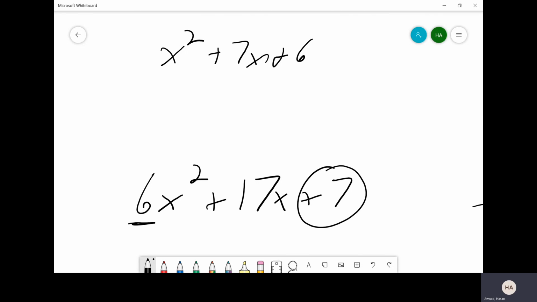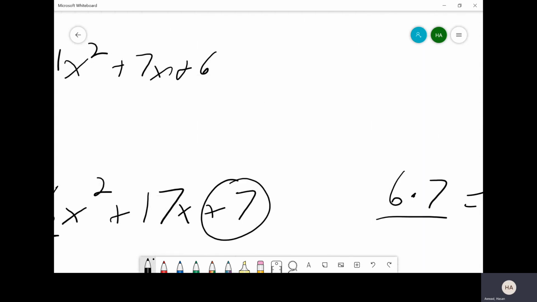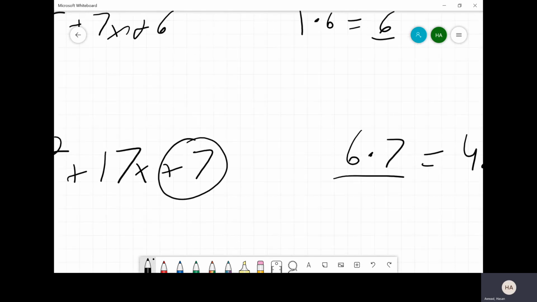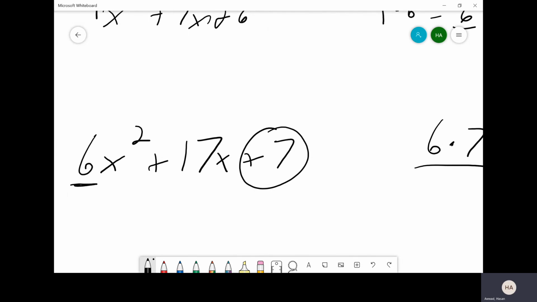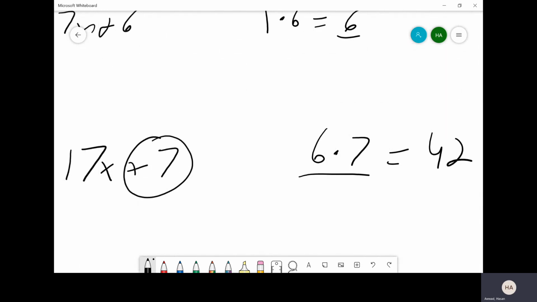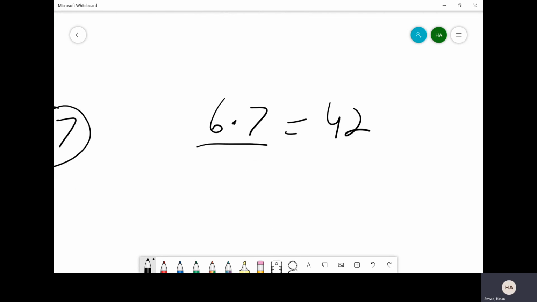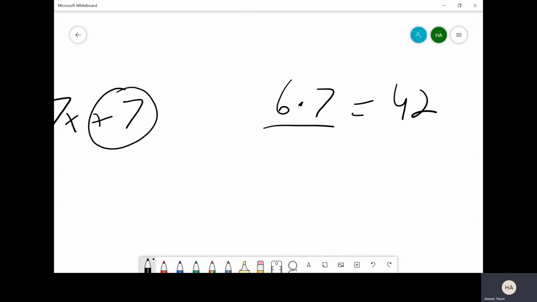And I'll tell you, you actually did. It's just that the coefficient here is 1, so it's basically like you skipped a secret step. What you really technically did was 1 times 6 is equal to 6, and then you examined factors of 6, right? Well, we're going to do the same thing, except instead of the 1, we're looking at a coefficient of x squared being 6. So we're still doing this secret step that you didn't have to do before. So 6 times 7 gives us 42. And now what we're going to do is we're going to examine the factors of 42.